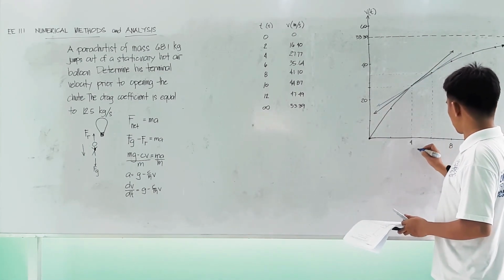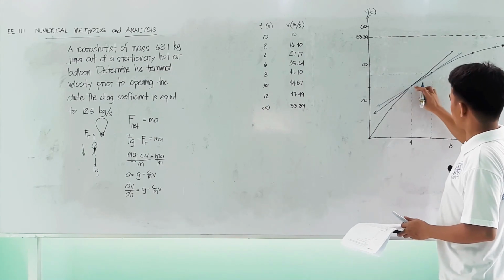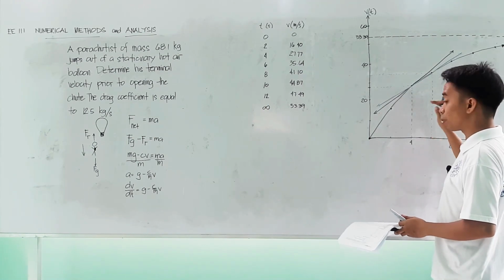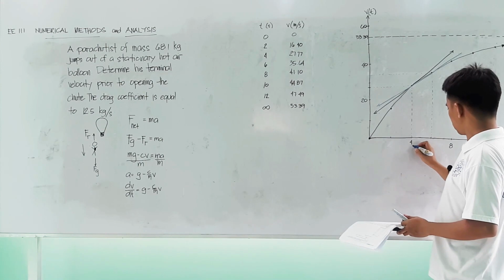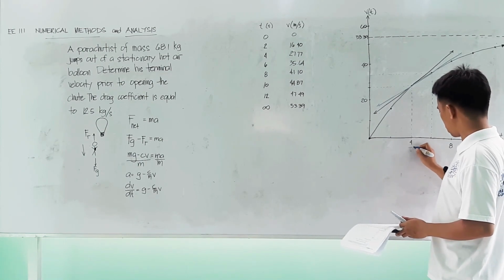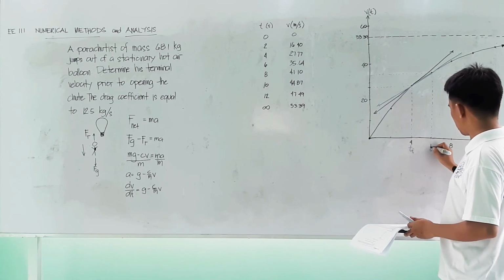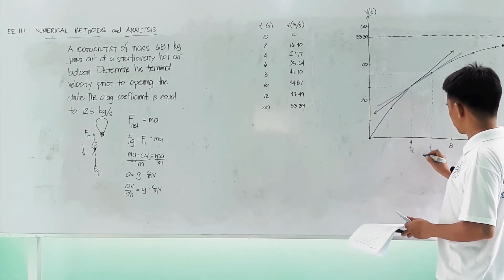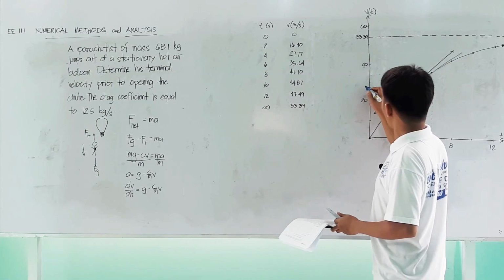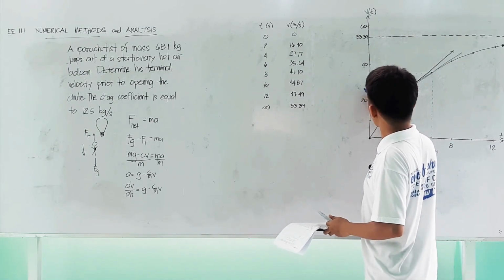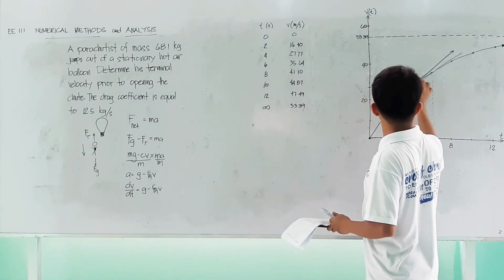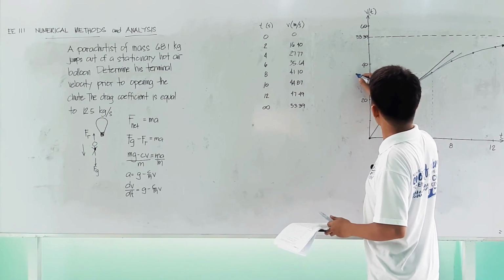This will now be our, let's say, two tentative, arbitrary points. Now this will be our t at i. This will be our t at i plus 1. This will be our corresponding v at time i. And this is our v at time i plus 1.